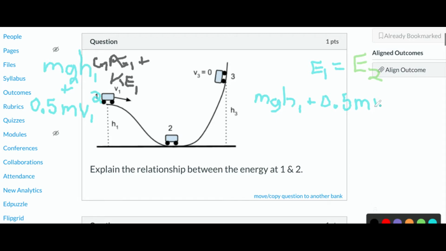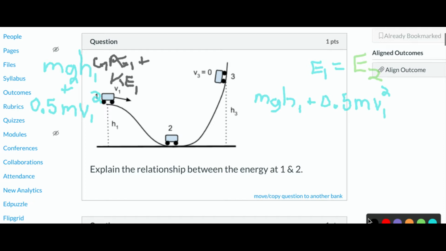Velocity here at 1 is going to be different than the velocity here at 3, and different than the velocity here at 2. Because we have different velocities, we need to give each of them a subscript.